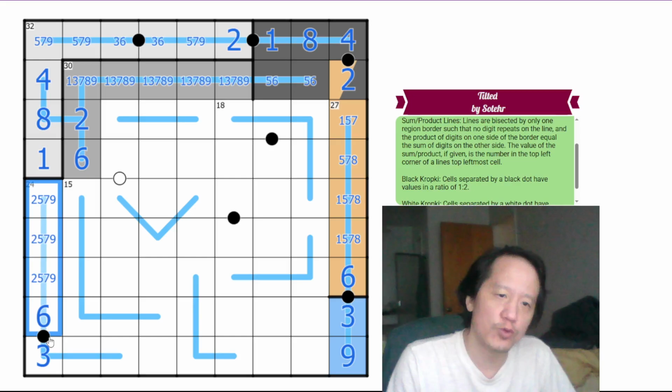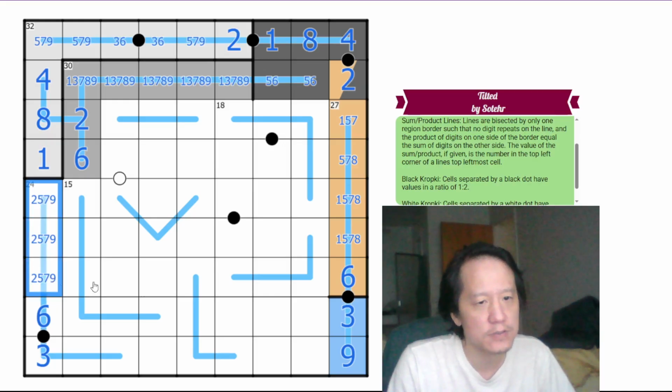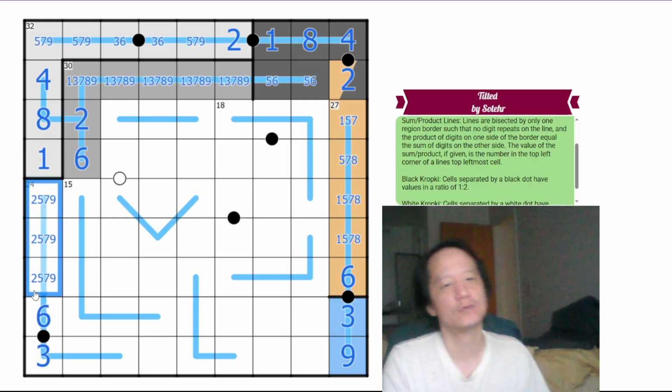We have 24 here. 5, 7, and 9. Of those, none of them can multiply to 24. So this must be the added part. One of these is 2 also.